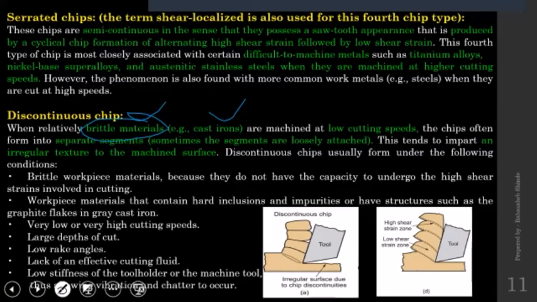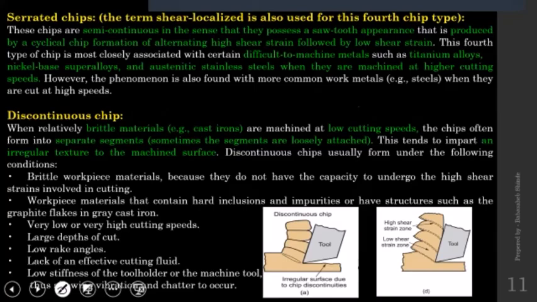Small segments are formed, and that kind of chips are called discontinuous chips. So when you machine brittle material, and additionally when cutting speeds are low, these kinds of chips may form. The first reason is brittle material and the additional reason is low cutting speeds.